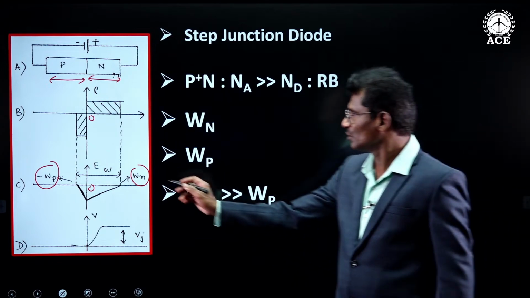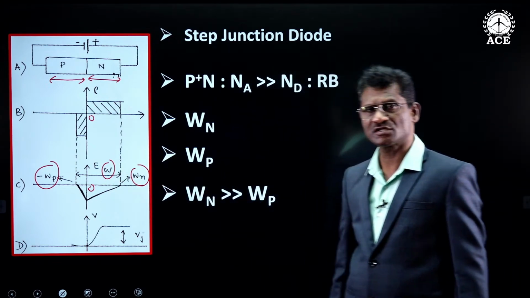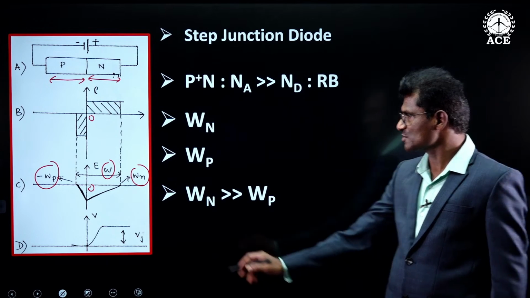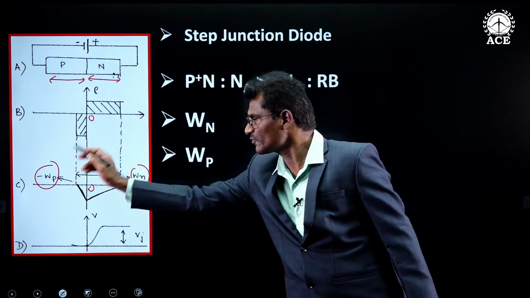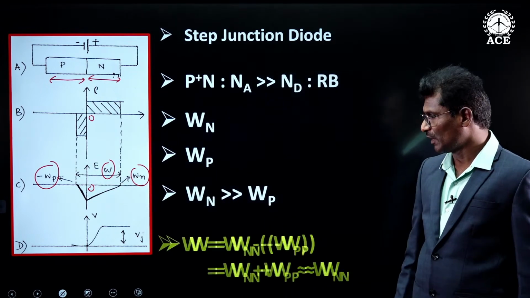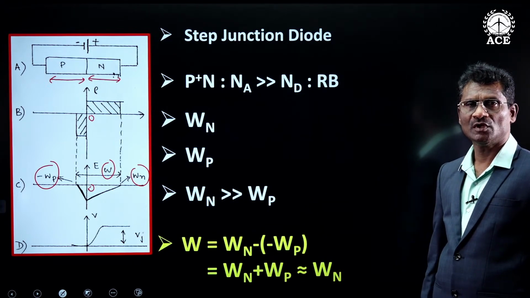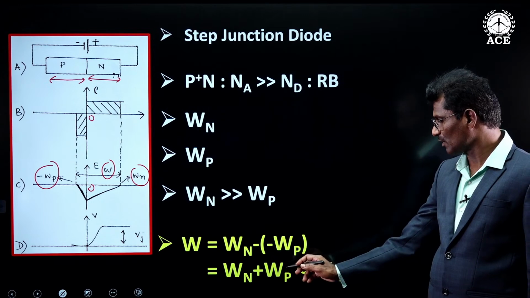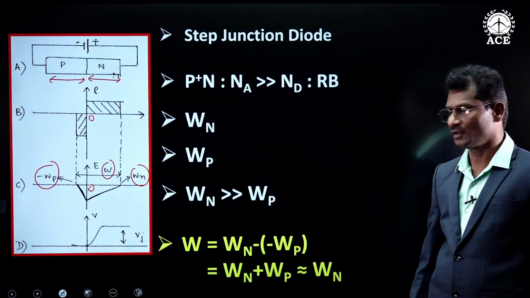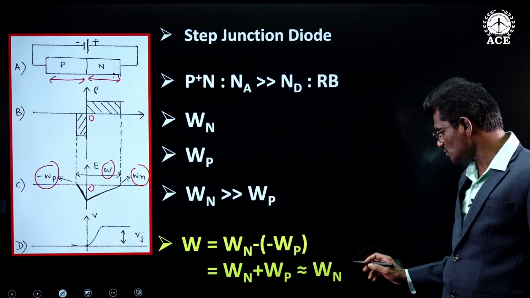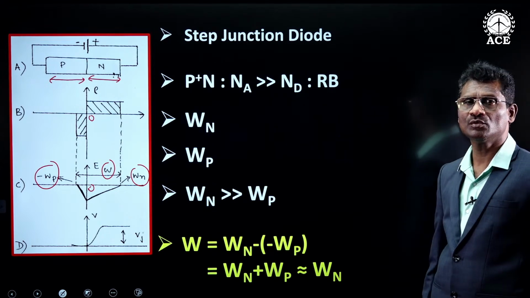Based on this, W, width of depletion region, can be expressed as Wn minus of minus Wp, and hence it comes out as Wn plus Wp. If you can neglect Wp compared to Wn, then W comes out as approximately Wn.